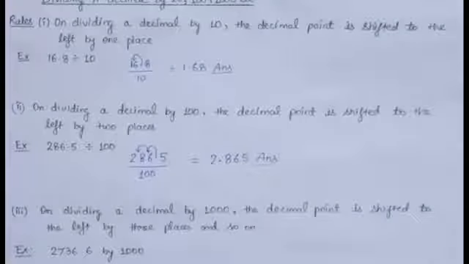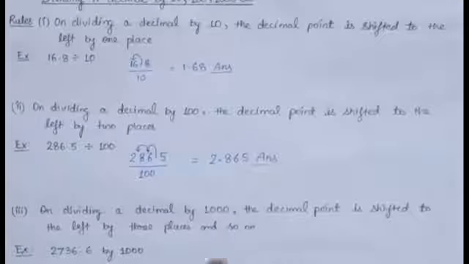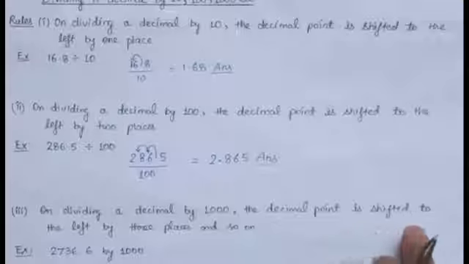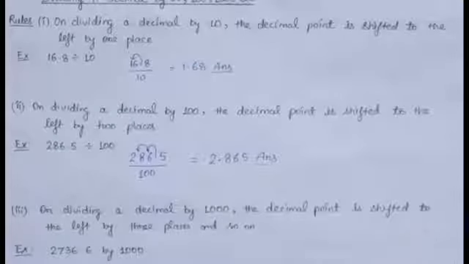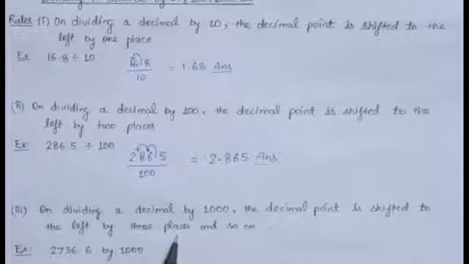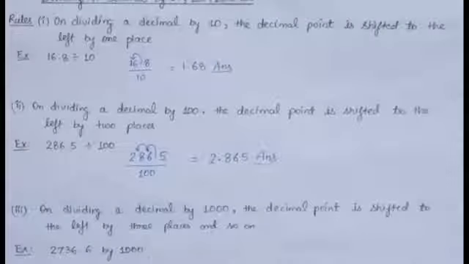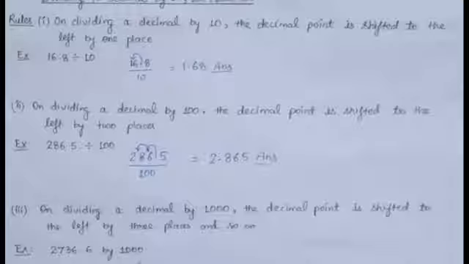Again, if we have to divide a decimal by 1000, what do we do? We shift the decimal point in the given decimal to the left by three places. Let us see an example to understand it. Here we have to divide 2736.6 by 1000.